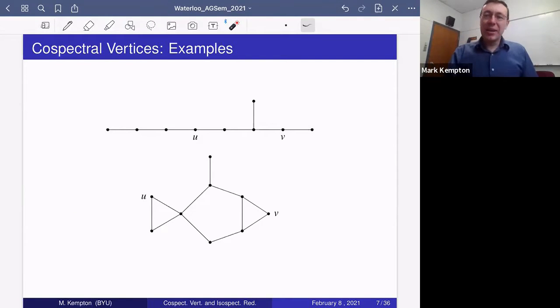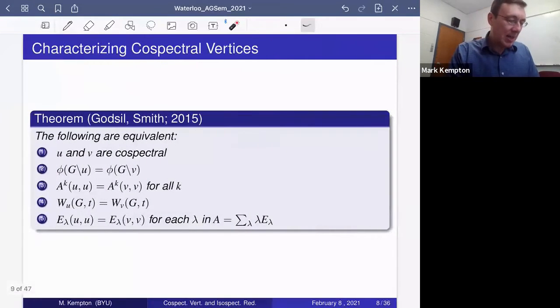But I don't really know of a good intuitive explanation to tell you ahead of time why that was going to be. Like I wouldn't necessarily expect that to happen just by looking at the graph. So I think a big important question is, can we characterize when 2 vertices are going to be cospectral to each other? Now, the answer to that is, in a sense, yes, and there are many characterizations of cospectral vertices.